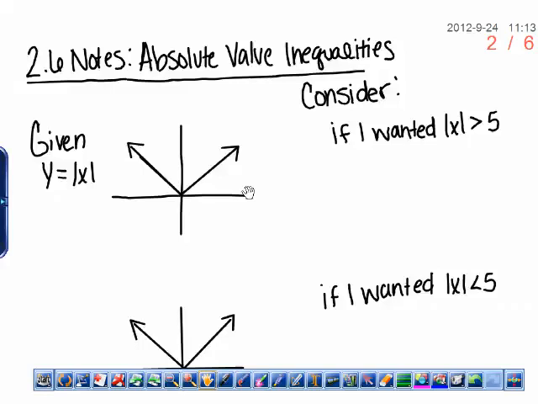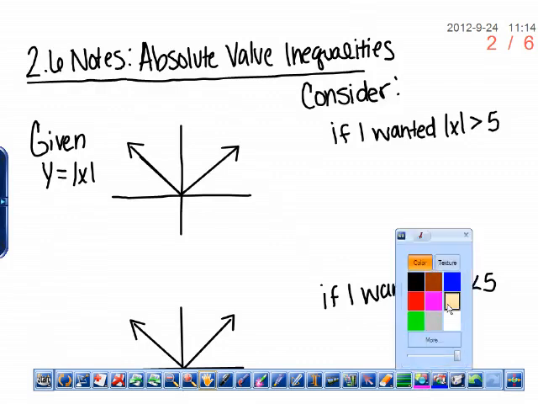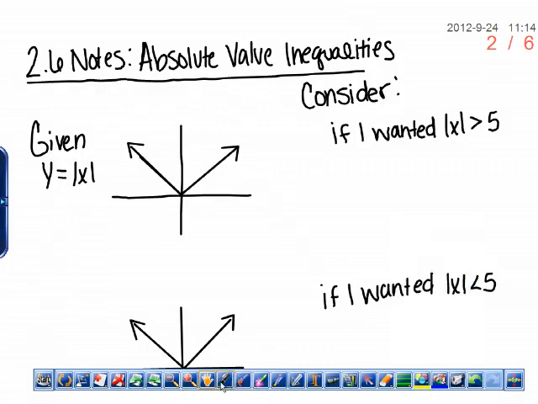All right. So let's start just conceptually looking at this graph. Okay? Would you agree that this is the graph of y equals the absolute value of x? Yes. Okay. Now I want us to think about, what if I wanted to know for which part of this graph the y values are greater than 5?